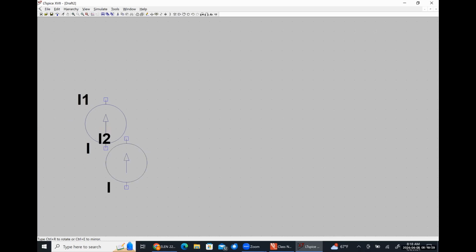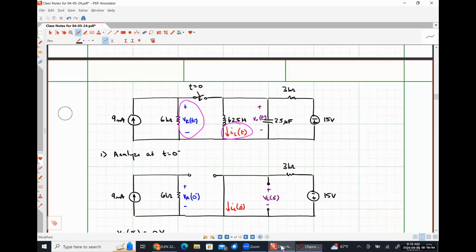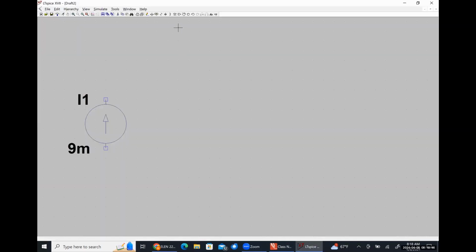So this should have been 9 milliamps, if I'm not mistaken. Then we had a 6 kilo ohm resistor.